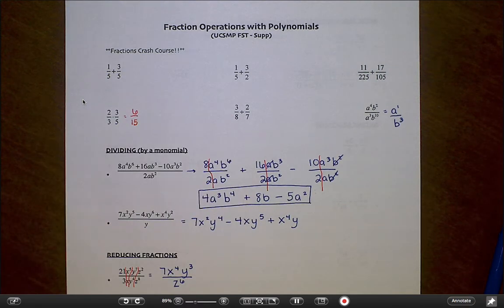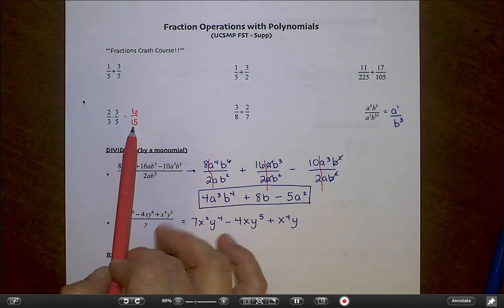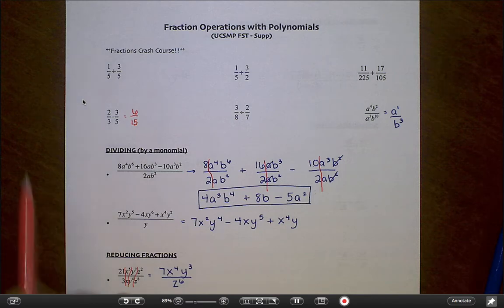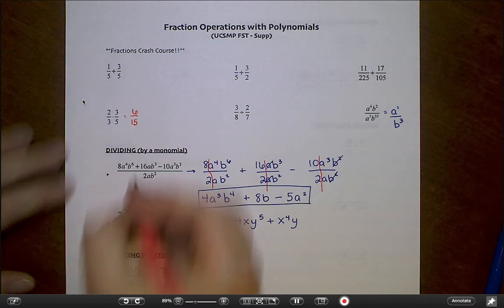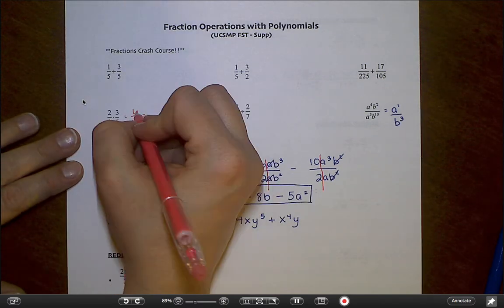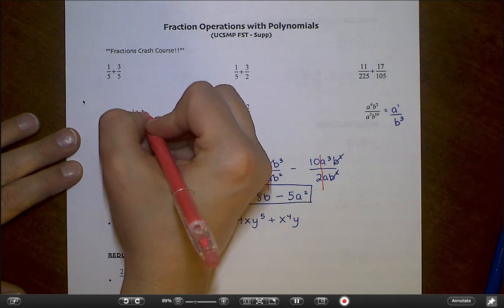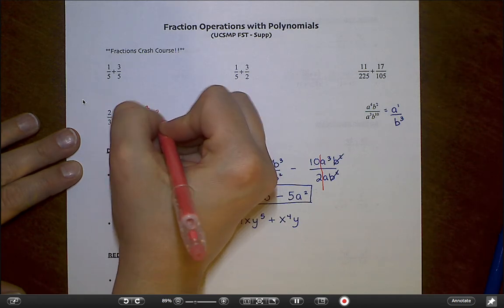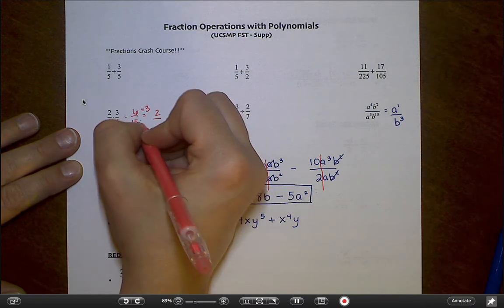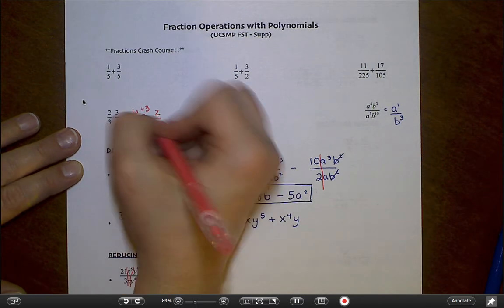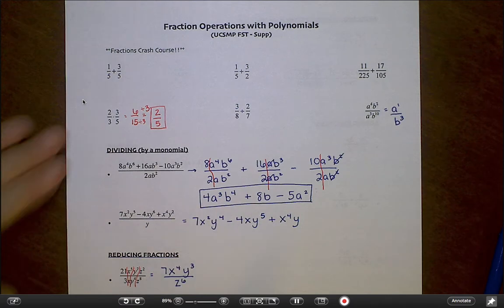But then I need to reduce this thing. And remember, reducing is where you divide them both by the same number. You figure out what can go into both of them. In this case, both of those things could be divided by 3. And so I would go 6 divided by 3 is 2, 15 divided by 3 is 5, and so my final answer here would be 2/5.